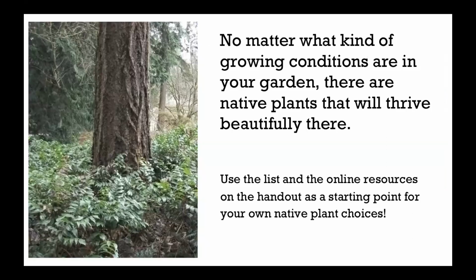And this photograph here is from the Arboretum in Seattle that shows a Doug fir with this low Oregon grape that I showed earlier while it was in flower. This is what it looks like the rest of the year as a low evergreen shrub, and just thriving right up in that big dry spot under the Doug fir.